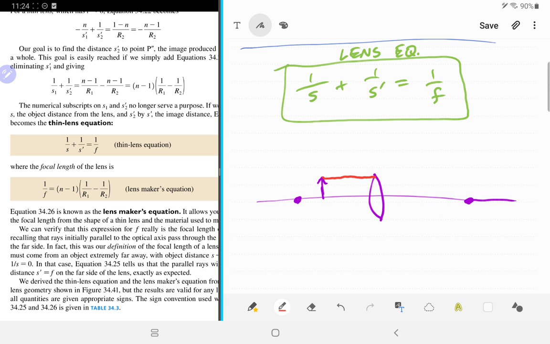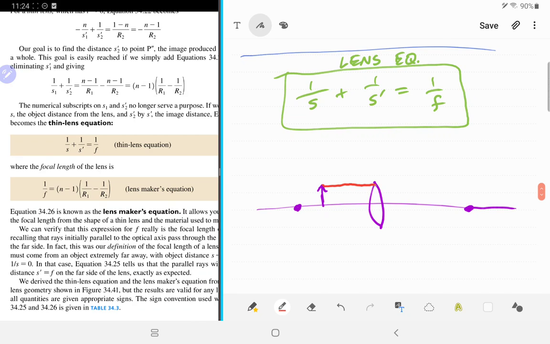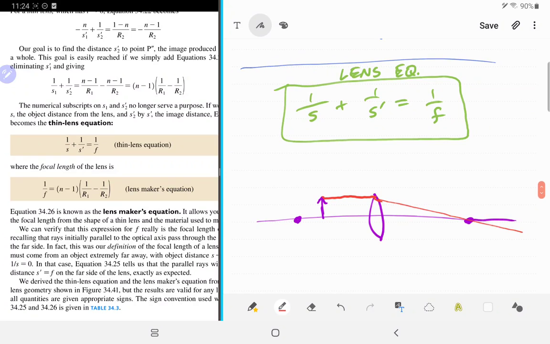I really need a ruler here. Let me try this a little better. So now I'm holding up a straight edge to my screen, you can't see it. This is harder than I thought on a tablet. There we go. So that's one light ray, and then another one is this one right here.